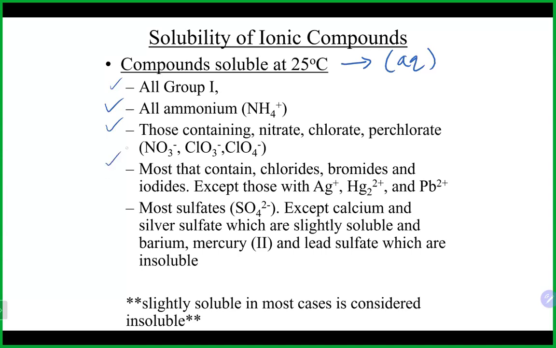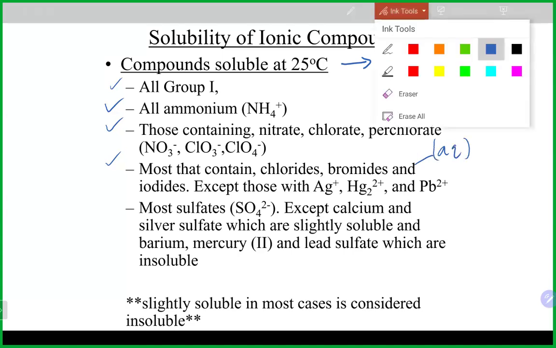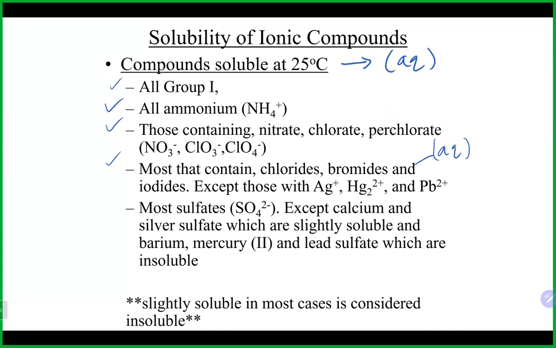Anything that has chloride, bromide, or iodide in it, you would expect it to be soluble and again get the aqueous symbol. But when we get to these three, there are some exceptions.